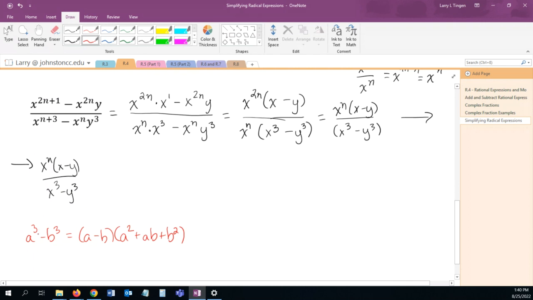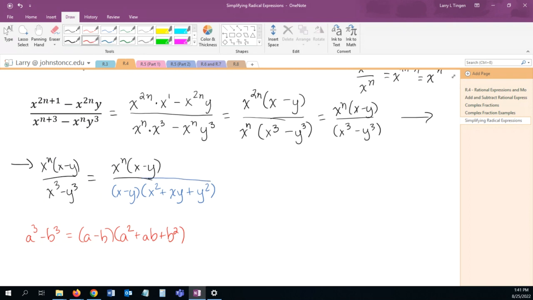So the denominator here is not a and b, but it's x and y. Everything matches up. So that means that denominator will break down into what? Well, the denominator is now, let's make it blue, x minus y times x squared plus xy plus y squared.